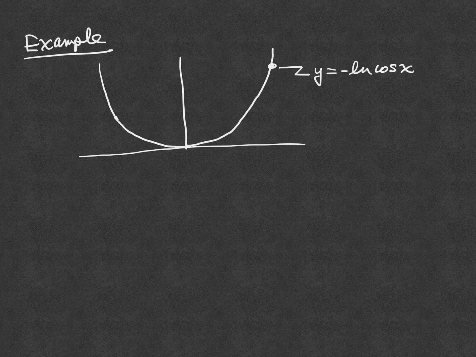So there's a point here P, there's a point here O, and this distance horizontally is x. This distance is y, and y is equal to minus natural log of cosine of x. Now I'm going to define a point at the base here. I'm going to call that point Q.